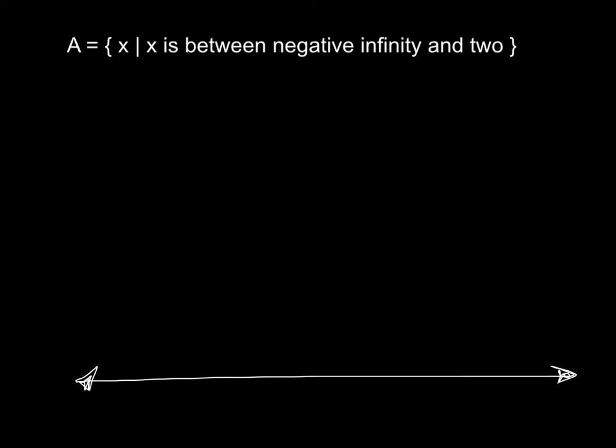And we know we're going to have negative infinity and 2. So let's draw 2. And we know it's going to be between negative infinity. So we know it's going to go here. And we know it's going to go up to 2.